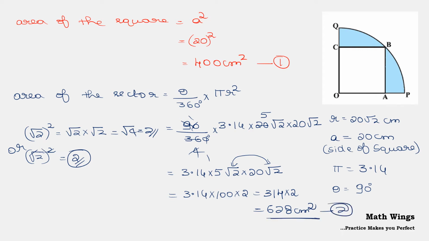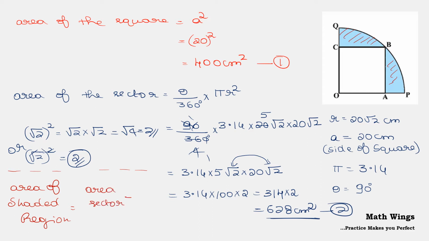Now, what's the area of this shaded region? So we got the area of the sector as, let us write, area of the shaded region, which is equal to area of the sector minus area of the square.